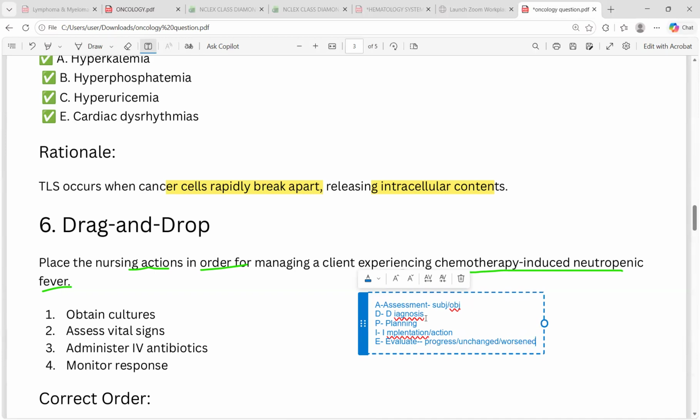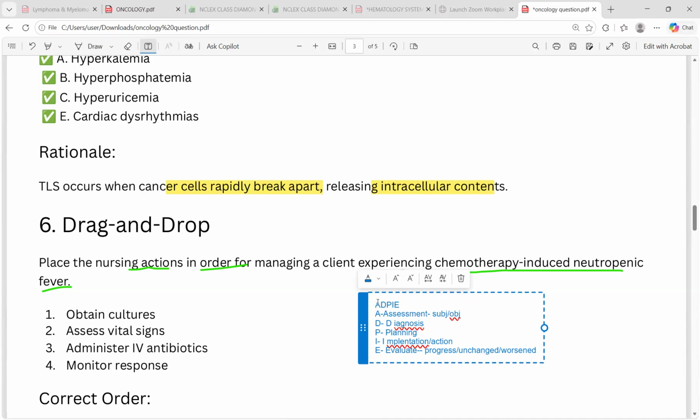This ADPIE tool is a main important tool which comes in the NCLEX question analysis, so you should be thorough about it: assessment, diagnosis, planning, implementation, and evaluation. This order you can apply in this question, because it's a nursing action related question.